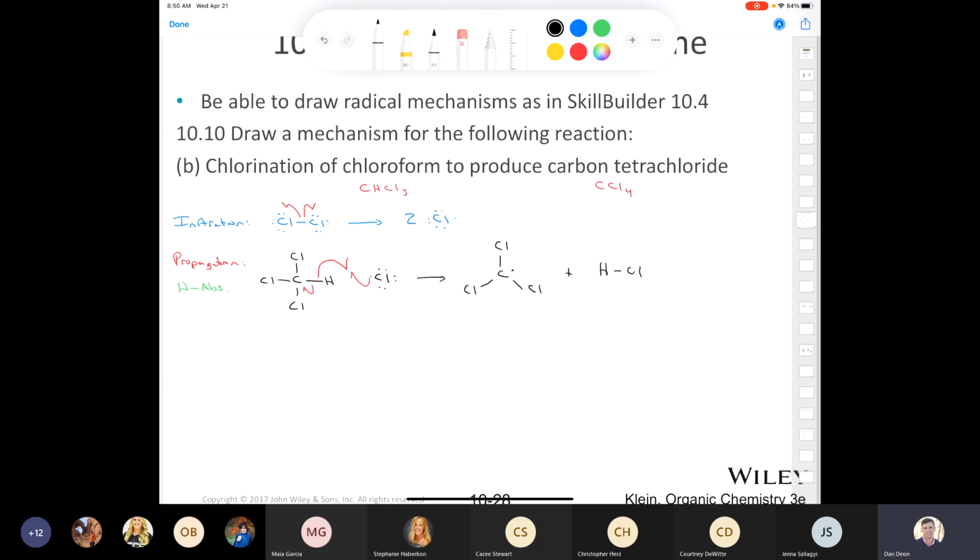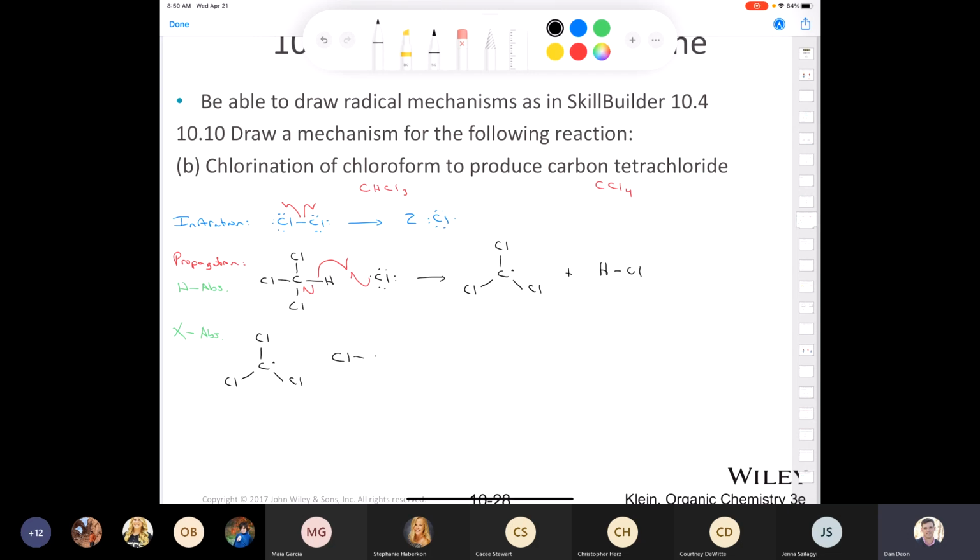Then what's going to happen is this radical is going to do a halogen abstraction. So now I'll call it X abstraction because in chemistry we use X to represent a halogen. So I'm going to copy this guy and paste it right here. And that's going to react with another molecule of chlorine, Cl2.